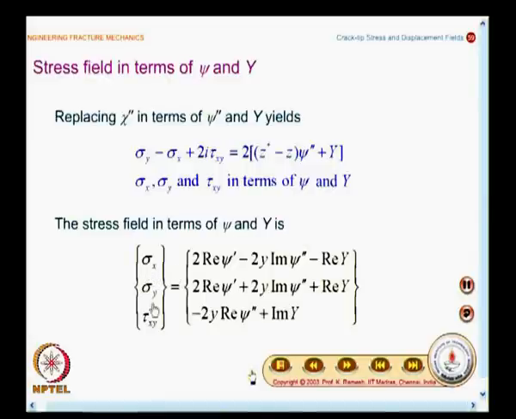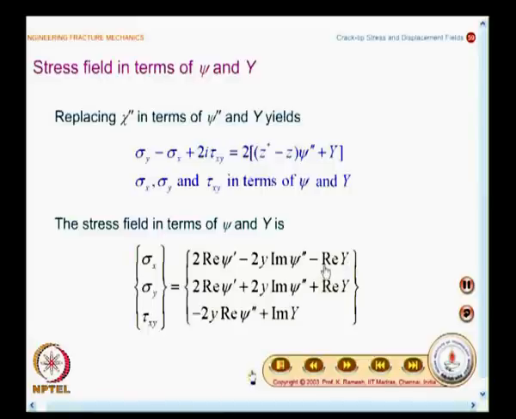So, you have sigma x equal to 2 times real part of xi prime minus 2 y times imaginary part of xi double prime minus real part of Y.